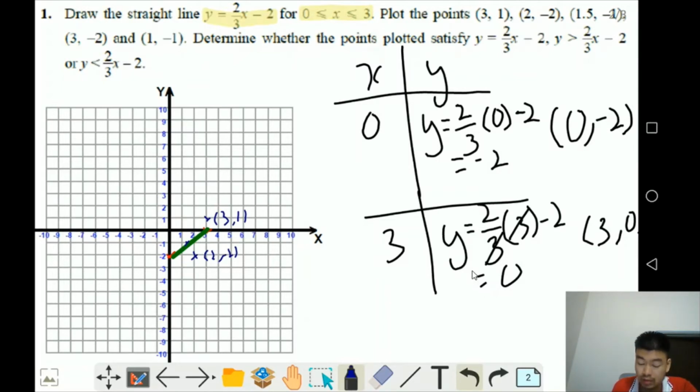I'm not going to label because it is really small. (3, -2) is right over here. (1, -1) is right over here.